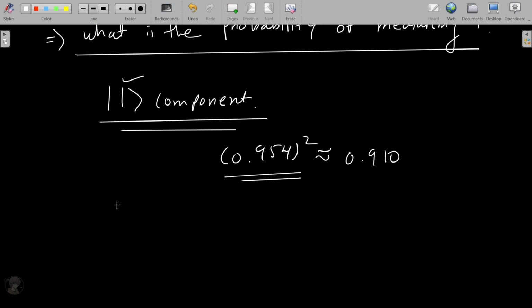So we can write it here, P of 1 equals 0.91, almost.